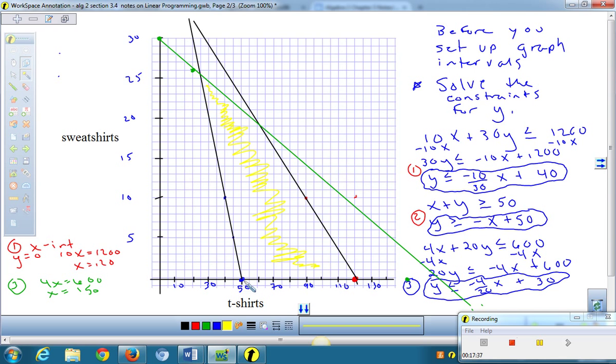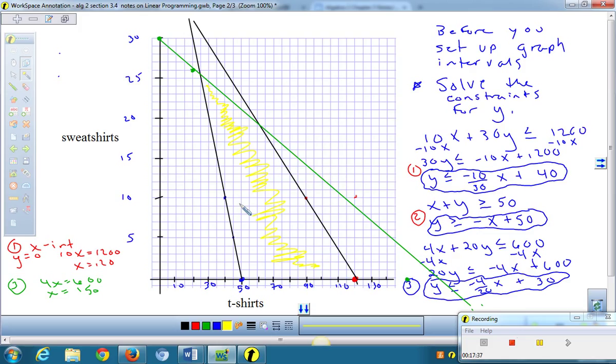I don't have 50 on my graph, so I have to go up, equivalent to 1/1. So I went up 10 and over 10. It just looks different on the two scales. Make sure I did it right. Yep, up 10 is up to there, and left 10 is to that. Okay, so I think I'm okay.